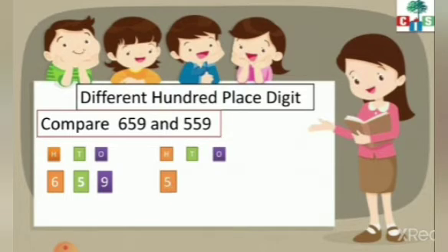So 5 under hundreds column, 5 under tens column, and 9 under ones column. Now look at the hundreds place value. Here it is 6 and here it is 5. So which number is greater? 6 is greater. So 659 is greater than 559. Now let's move to the next slide.